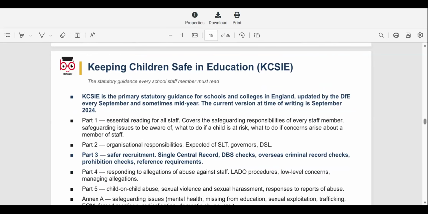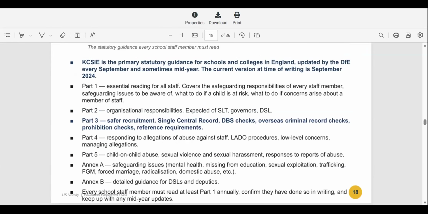And there are different parts to it, there are 5 parts to it, and they have annexes in place, and schools must follow this. And it's published and in statutory force, and the whole point of it is to safeguard, with information that all members must read, and make sure that each part has its different annexes, and make sure that everything is followed, and that schools are following it.